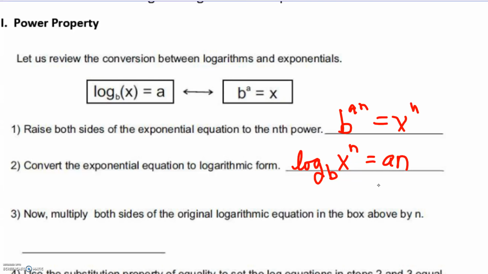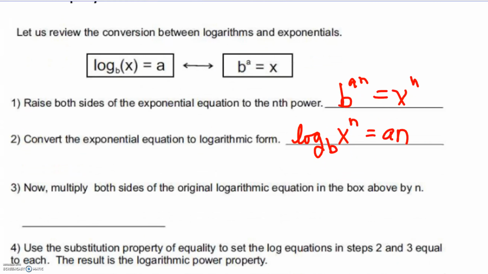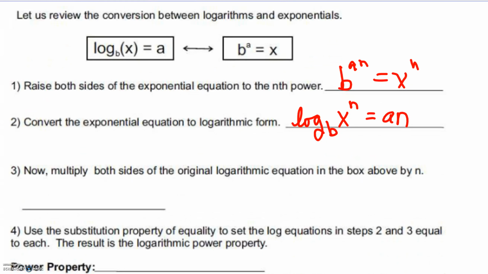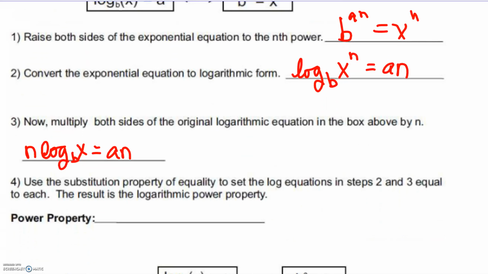Step 3, now multiply both sides of the original log equation in the box above by n. So here's my original log equation. I'm just going to multiply both sides by n. N times log base b of x equals a times n. And then I'll just use substitution, or the transitive property, you can think of it that way.